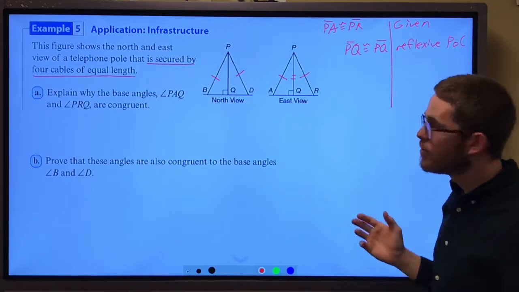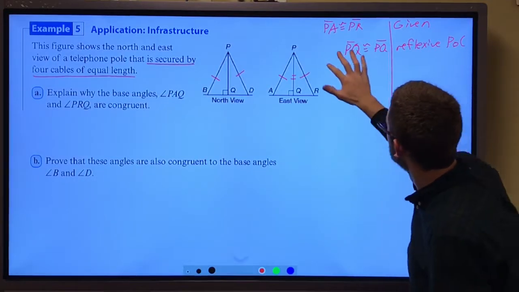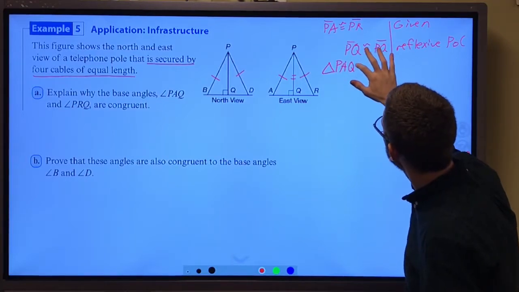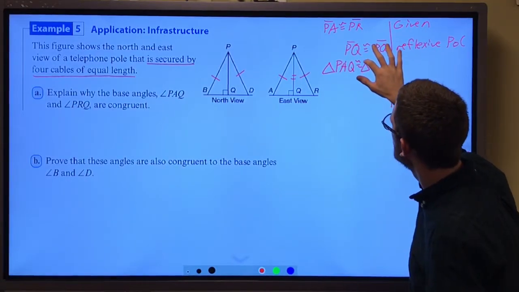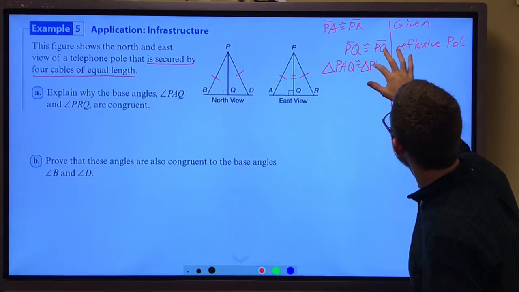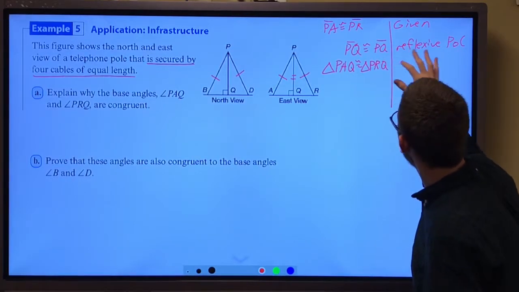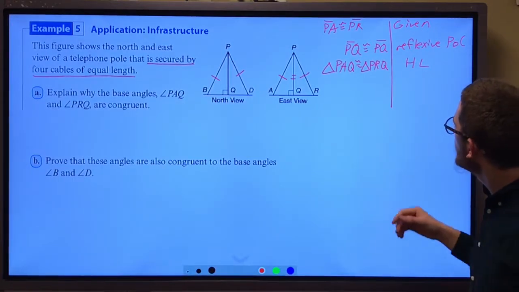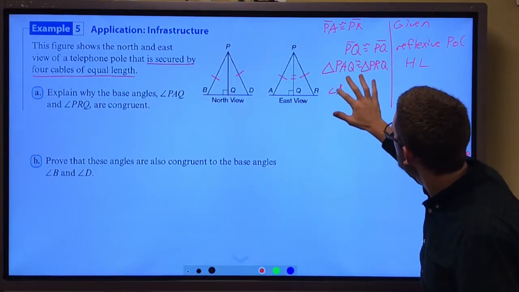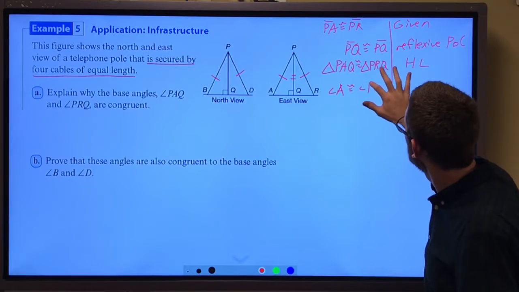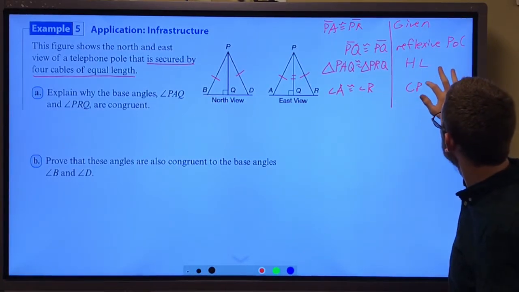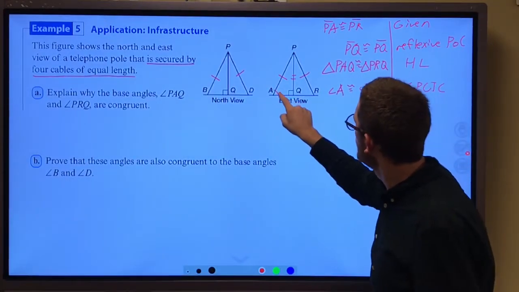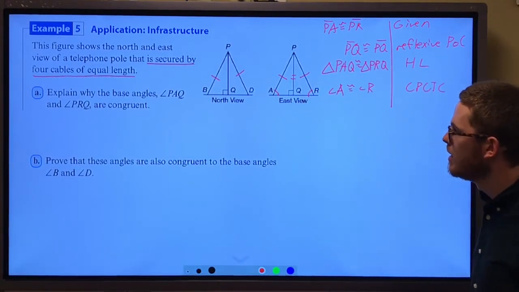And so now we have enough information to say these triangles are congruent right here. Triangle PAQ is congruent to triangle PRQ. That is by the hypotenuse leg congruence theorem. And so now we can say that angle A is actually congruent to angle R, and that's by CPCTC. So we know that those angles are indeed congruent.